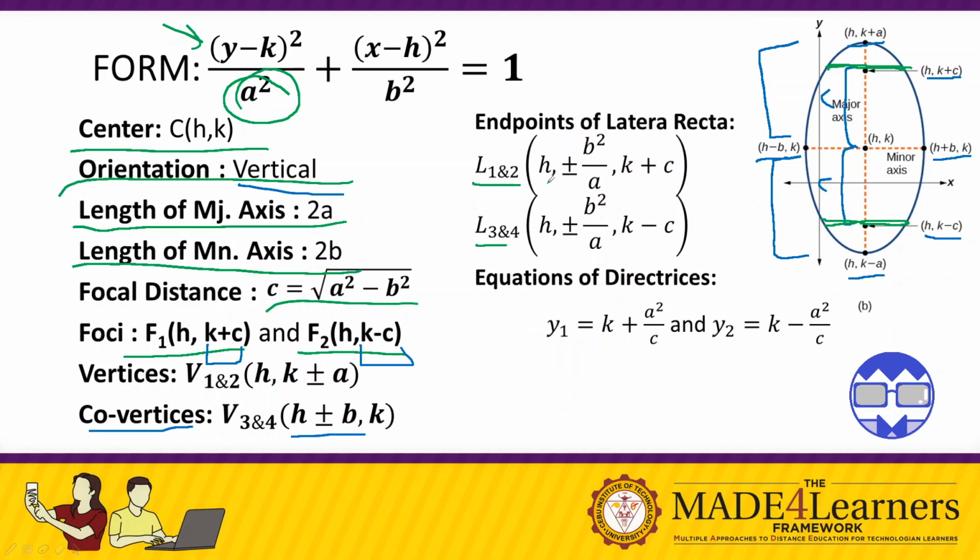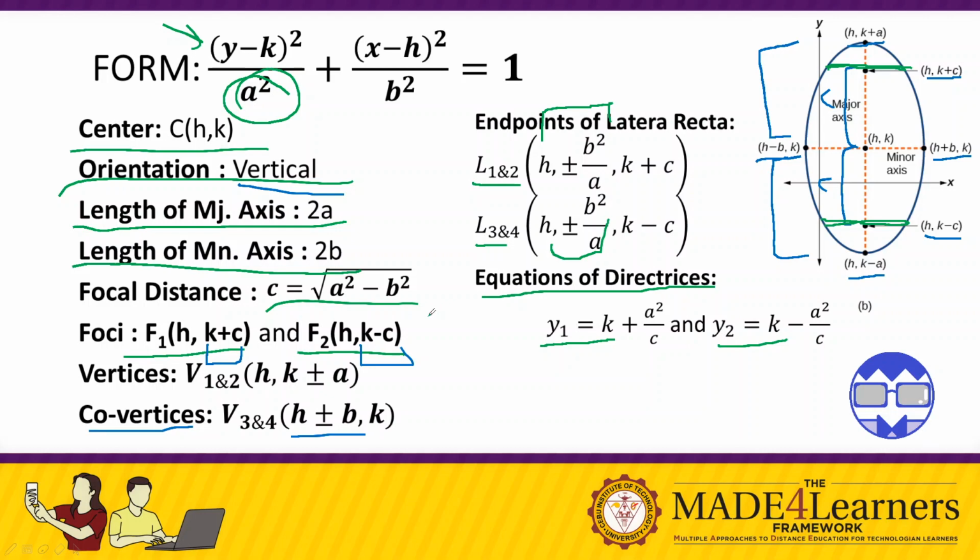You will add at the horizontal part, because the endpoints move horizontally. Just add b squared over a, it's the same. Then for the directrices, still the same. What changes is the variable. Instead of x and h, we have y and k because again, vertical.